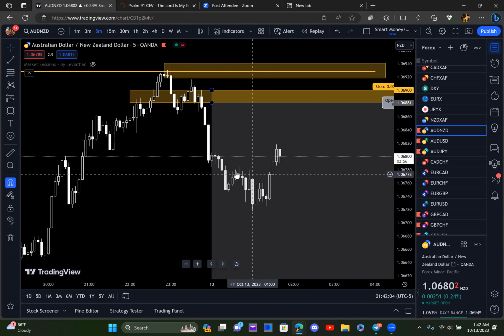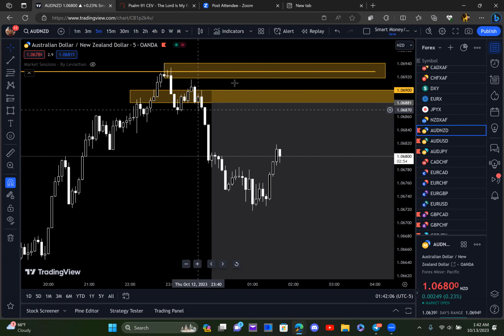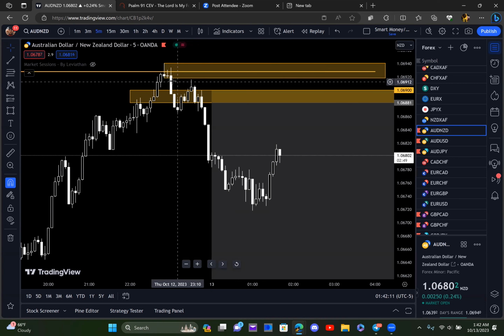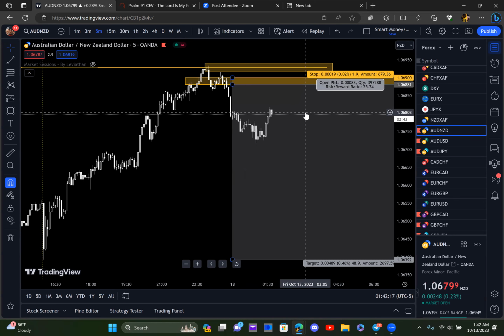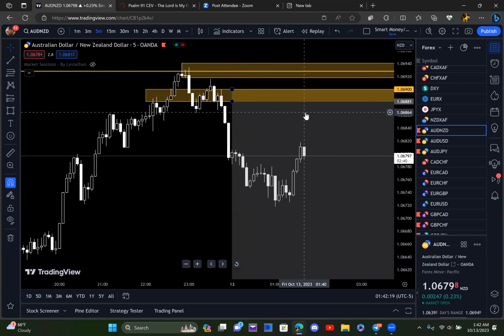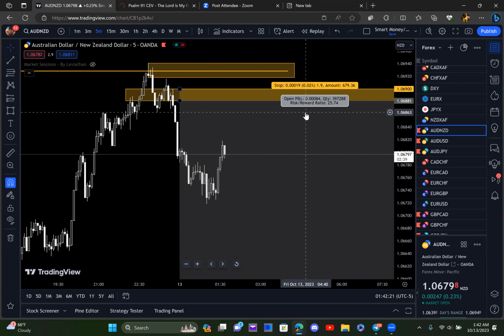But look, we got more opportunity coming because look what happened. Even though it never fully closed that fair value gap, it's possible that it could come right back up into it. I mean, it's not a lot of money there, but it's still possible.